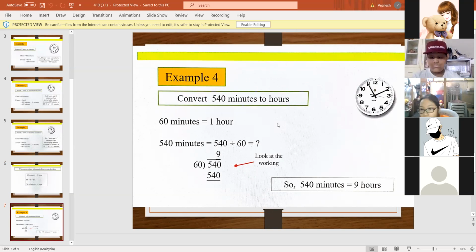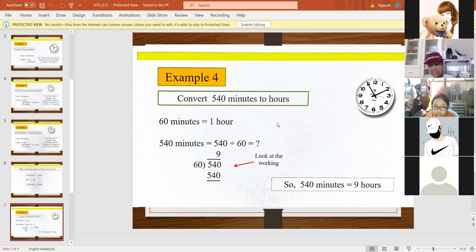Convert 540 minutes to hours. 540 minutes divide 60. Very good. 540 minutes, they are already given in minutes, right? Now you are converting into hours, so teacher said you need to use division. Very good, Hemar. You have to divide it with 60.